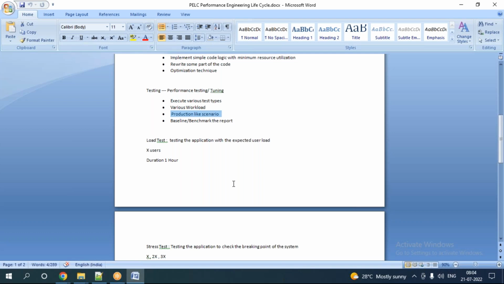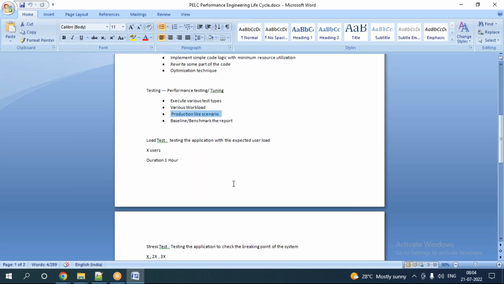But most of the time, what we are doing, I definitely know everybody is doing that. Say you have 10 scripts and 100 users, so 100 divided by 10. Each script you will give 10, 10, 10, and you will complete the test. That is what everybody is doing. I know everybody is doing the same.